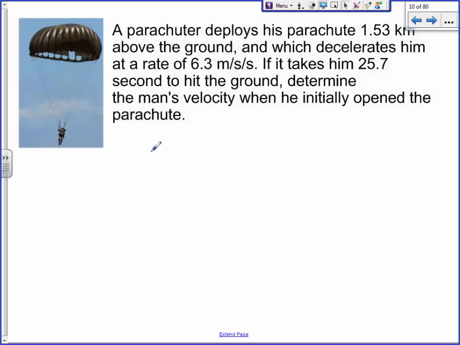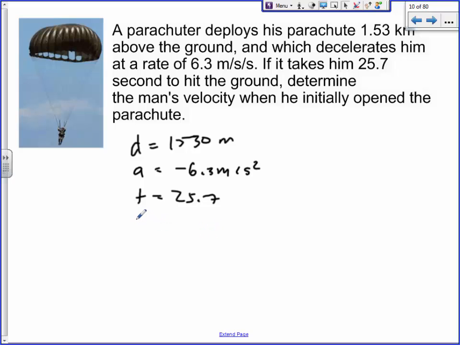So let's write out some stuff here. He was needing to go a distance of that many meters. I'm just going to convert it in my head. We have an acceleration. We have a time.